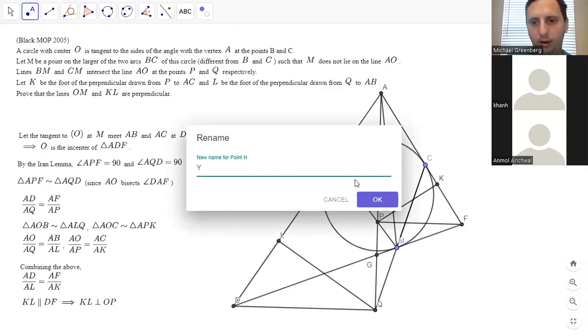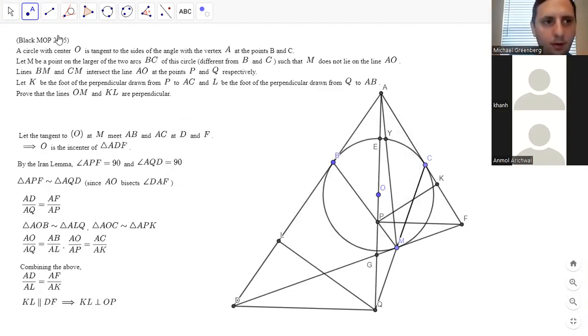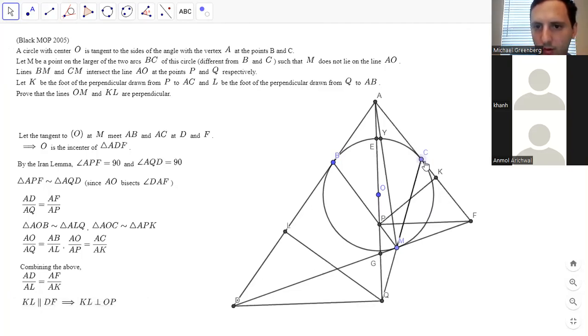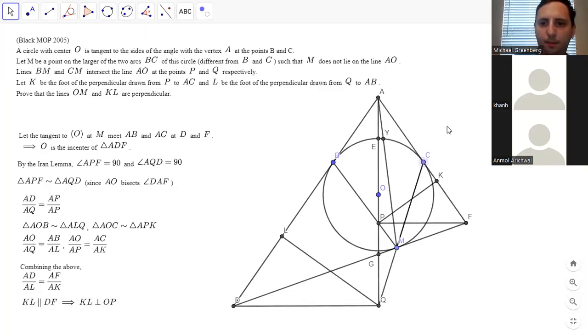Project onto AD. Okay. Project through M onto AD. I guess that's probably what you mean. Onto AQ. Okay. So then we have A, P, Q, G is harmonic.